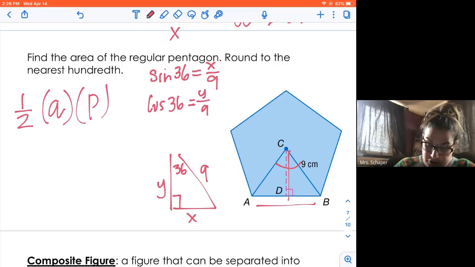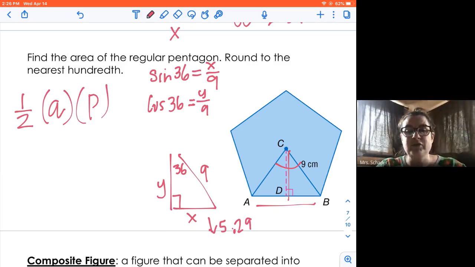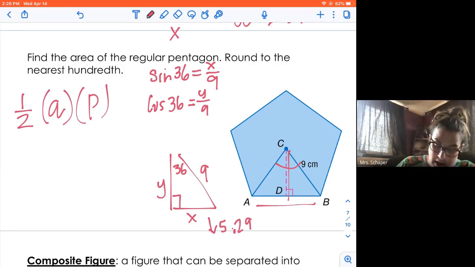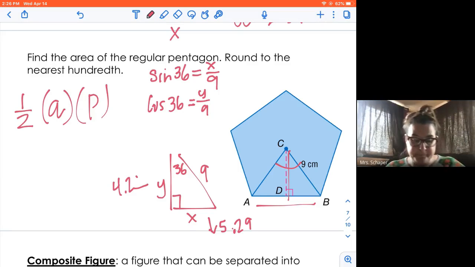So this measurement right here is 5.29. Okay, 5.29. And then the cosine of 36 times 9, and this is y, is going to be 7.28.